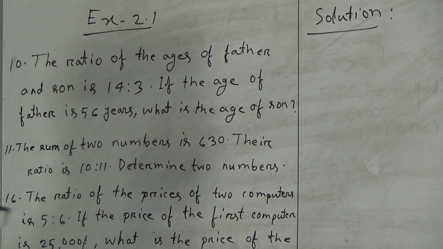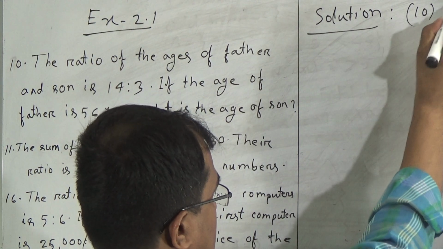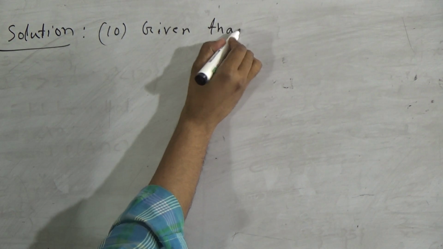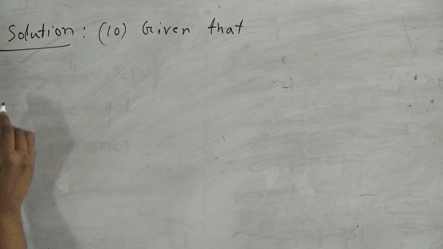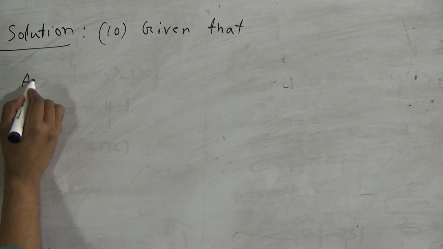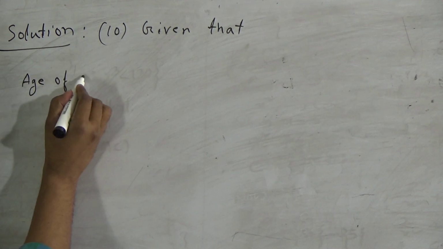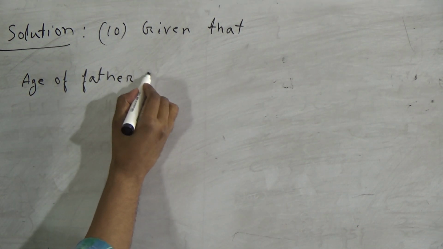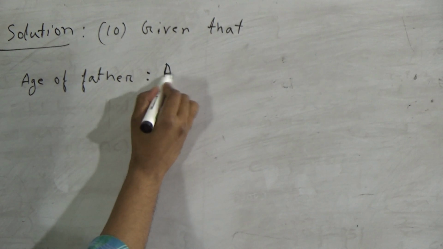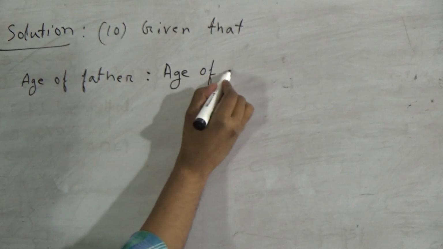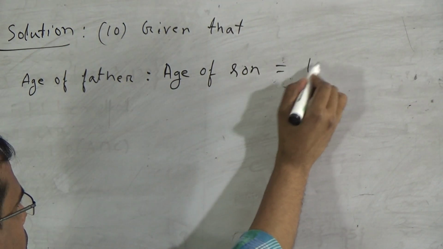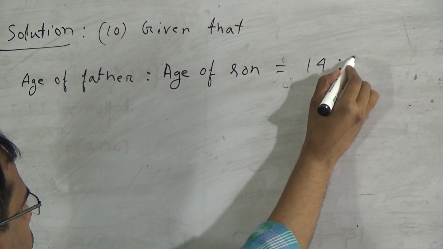Here, at first, we will write 10 number, given that age of father is to age of son equal to 14:3.